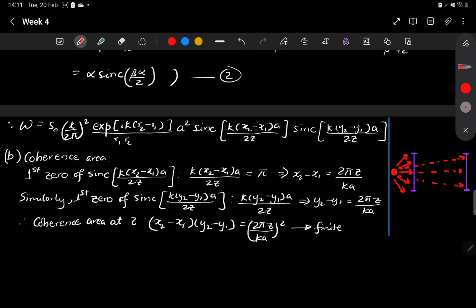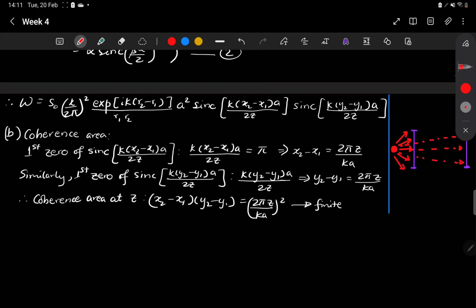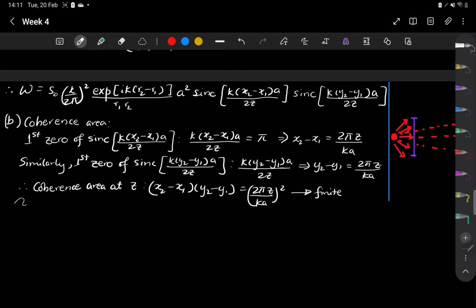So this is a cartoon representation of why an incoherent field picks up a finite coherence area as we propagate further. This is because we are in the paraxial approximation. Let me write down the statement.